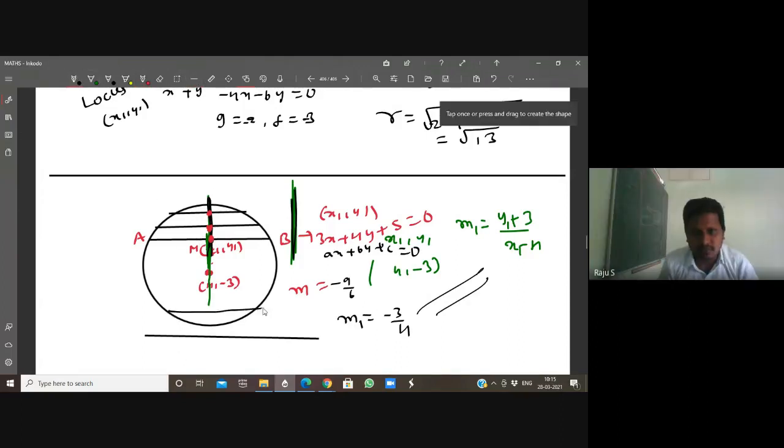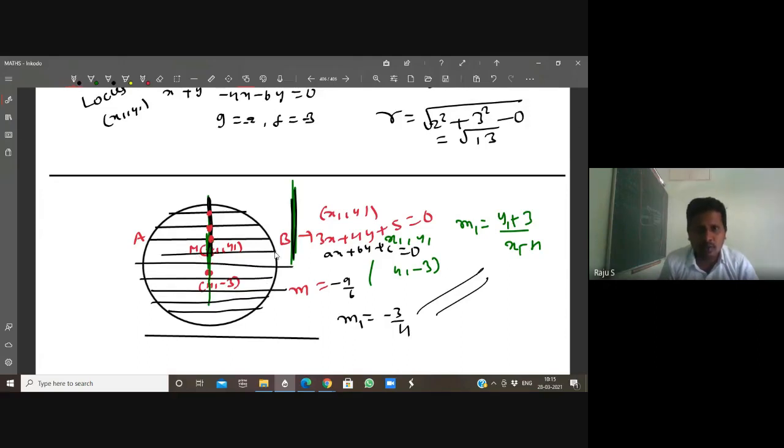See, this is a chord, parallel. All chords should be parallel. So what is the midpoint? The midpoint of all the chords passes through the center always. The locus of all midpoints of the chords is given by a line. Am I right? Yes. When I join all the points, it is a line. The locus of midpoints of all the chords, what is the locus here? We get a line.